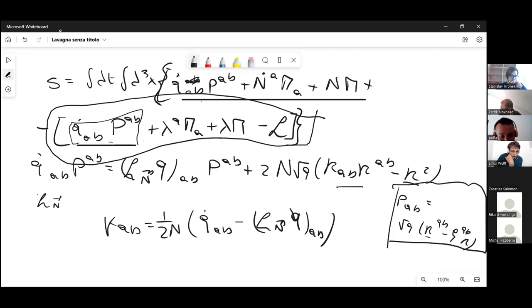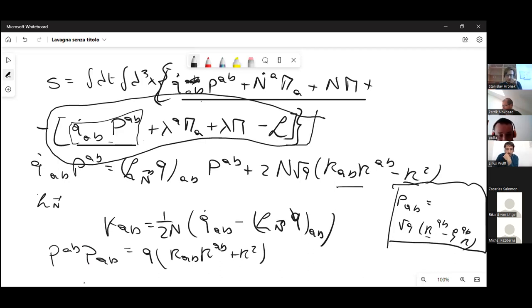So the other formulas are that P AB equals the determinant, not the square root of the determinant, K AB plus K squared, and also another one, P squared given by 4Q K squared.